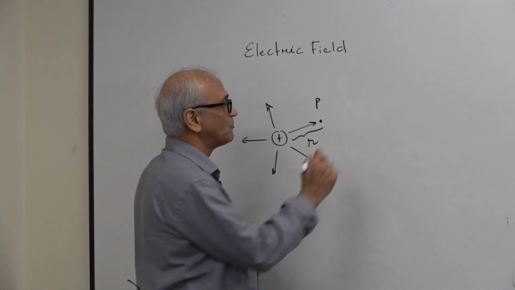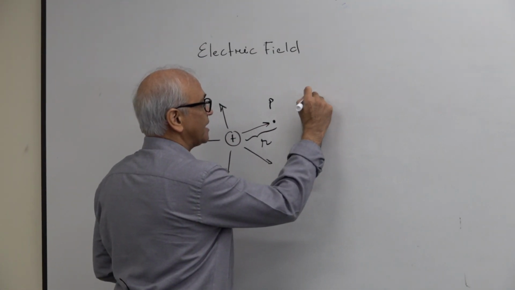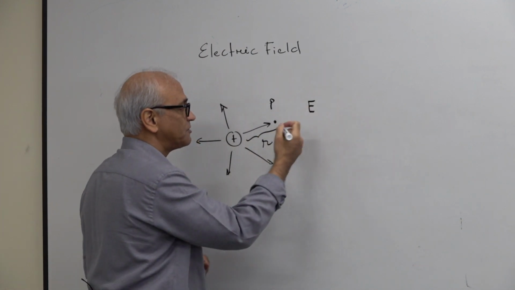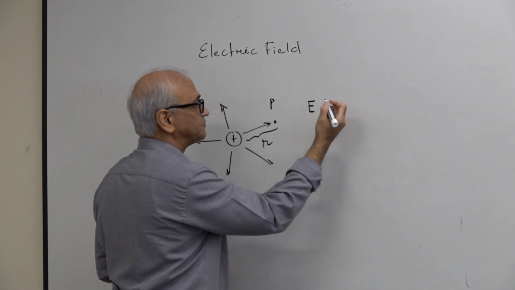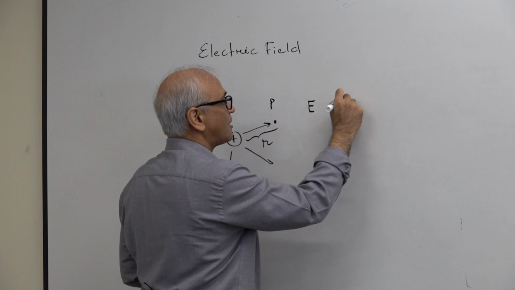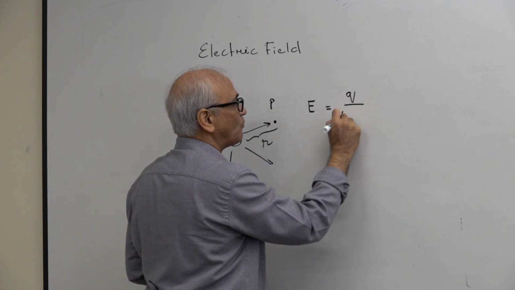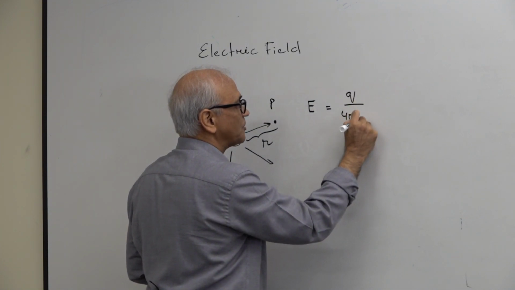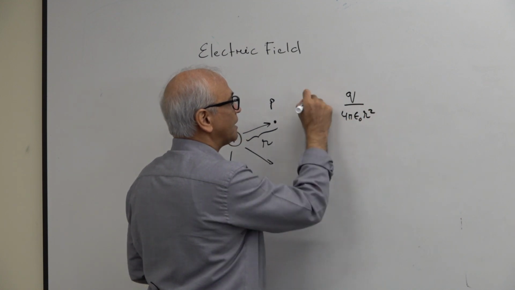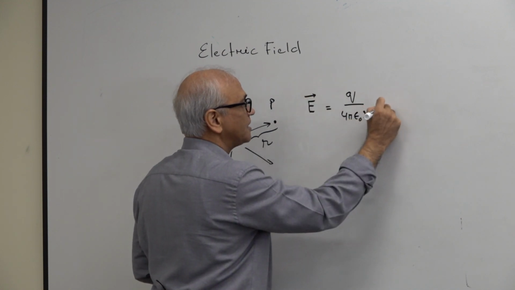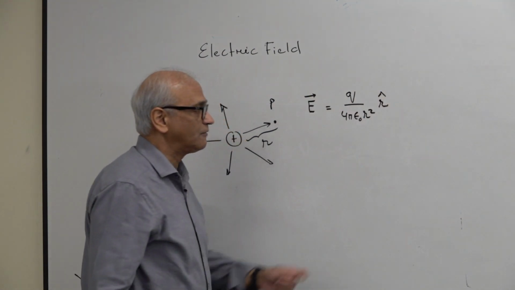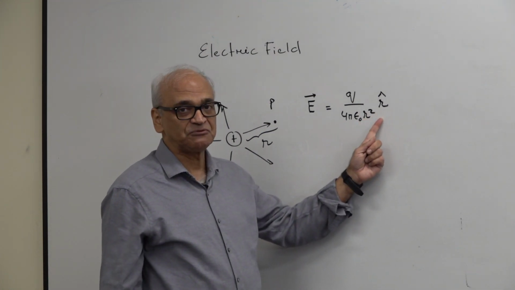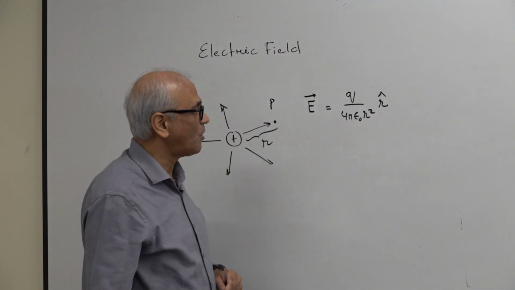So the electric field over here is a vector going in the R direction. It would be the charge itself over 4 pi epsilon naught R squared. If you want to use a vector sign, then I will have an R cap, a unit vector with a magnitude of 1.